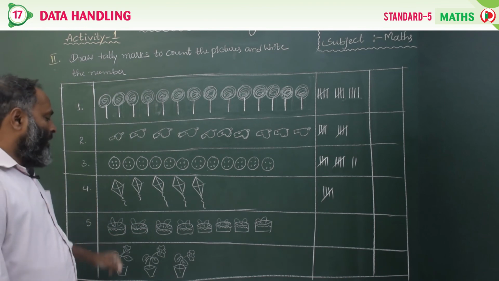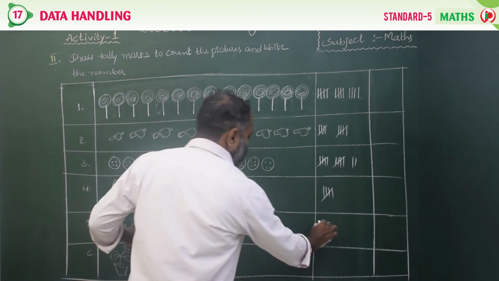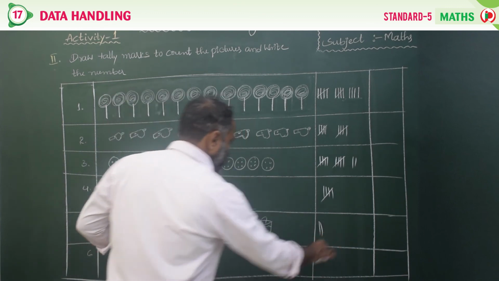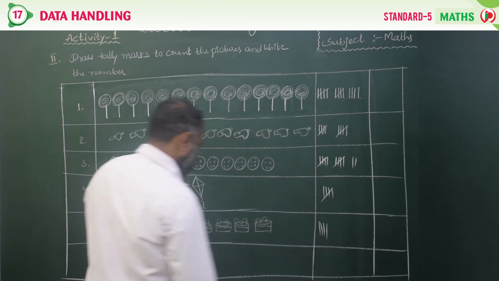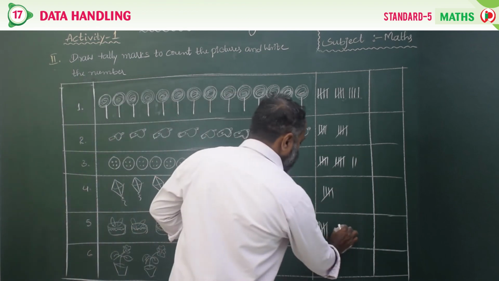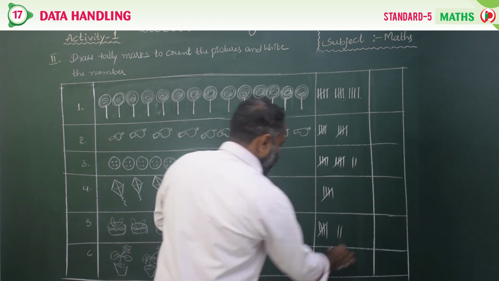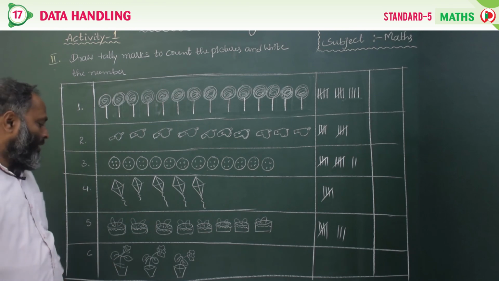Now here, baskets. How many baskets were there? 1, 2, 3, 4, 5. Then after that 6, 7, 8. 8 baskets. Now here flower pots.